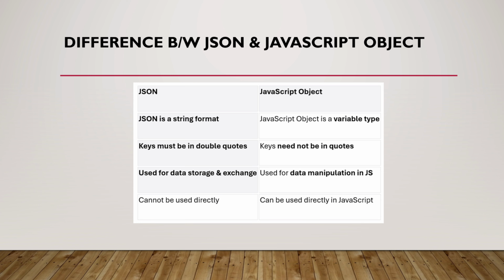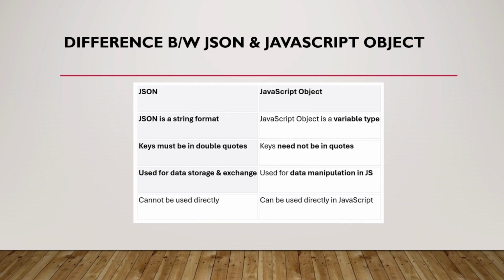So what is the difference between JSON and a JavaScript object? JSON is a string format, while a JavaScript object is a variable type. In JSON, keys must be in double quotes, while keys do not need to be in quotes in a JavaScript object. JSON is used for data storage and exchange, while a JavaScript object is used for data manipulation.